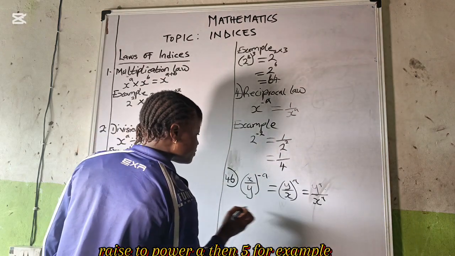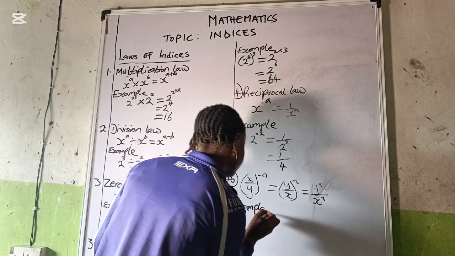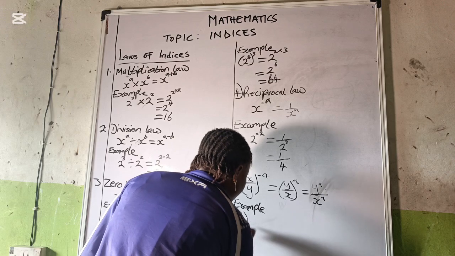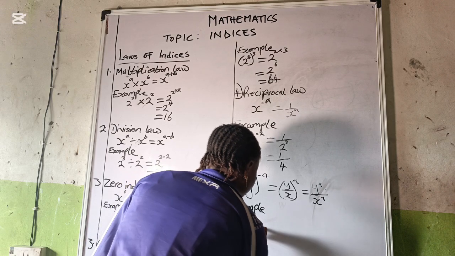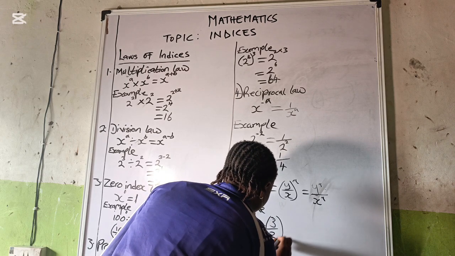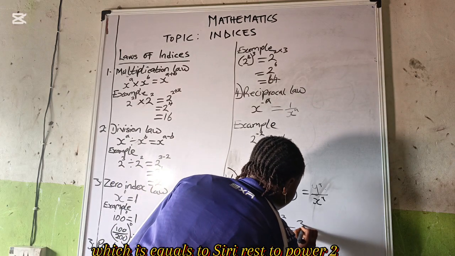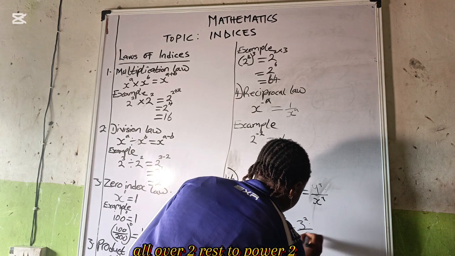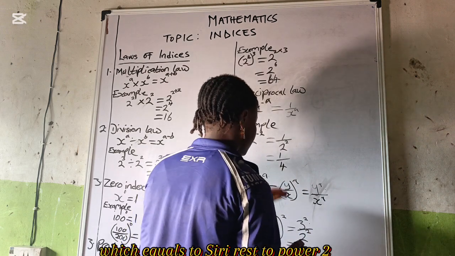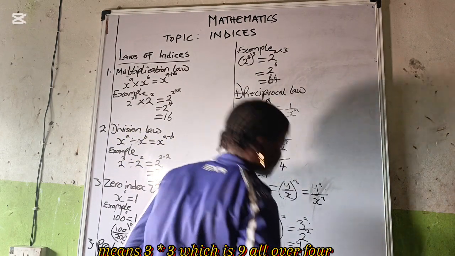Then 5, for example, when you are given 2 over 3 raised to power minus 2, then you turn it, 3 over 2 raised to power 2, which is equal to 3 raised to power 2 over 2 raised to power 2, equals 3 times 3, which is 9, over 4.